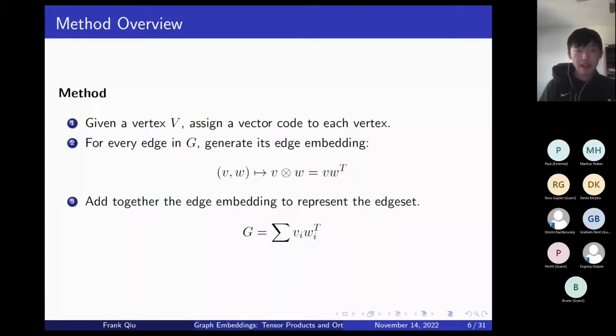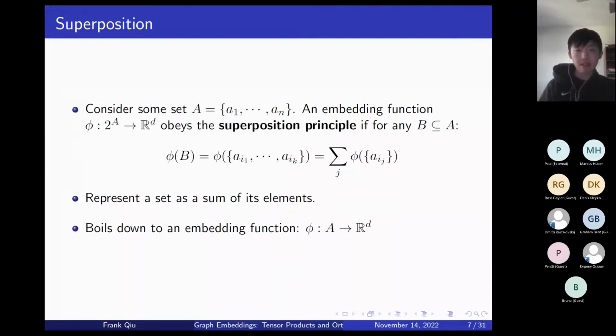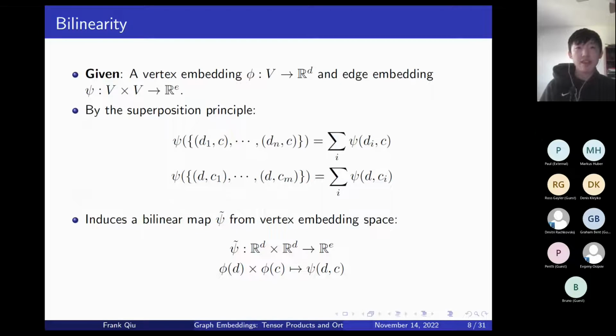Here we're going to look specifically first at the binding operation, the tensor product, and how it relates to superposition. The superposition principle basically says that to embed a set, we embed it as the sum of its singletons. Now let's specifically consider embedding an edge set.